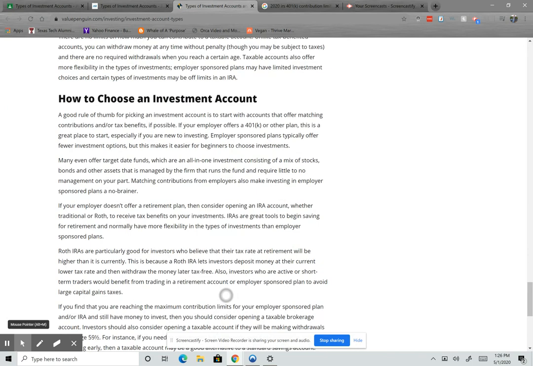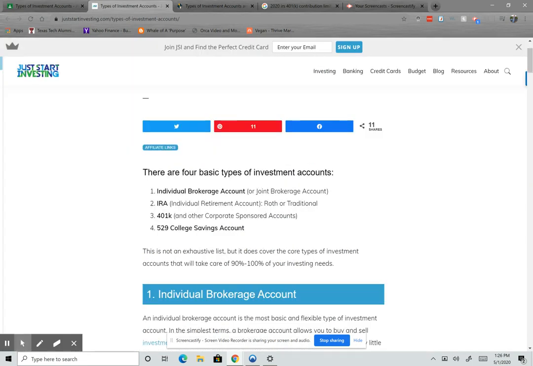The one item over here on Just Start Investing: we've talked about individual brokerage, the IRAs, and the 401ks. This 529 account is a college savings account. You're really not going to focus on it because for you, college is next year, or under a year away, and you really can't do an investment in under a year. There's too much risk.